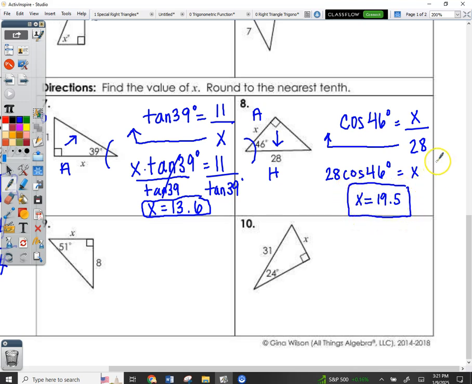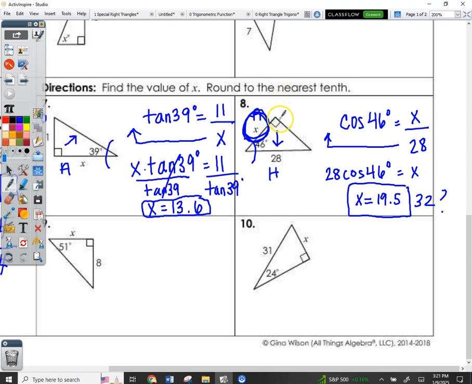All right, here's a checkpoint. What if you typed it in, I don't know, I'm just coming up with something, and let's say you got 32. Is that possible? No. Why? Because the hypotenuse has to be the biggest. There you go.